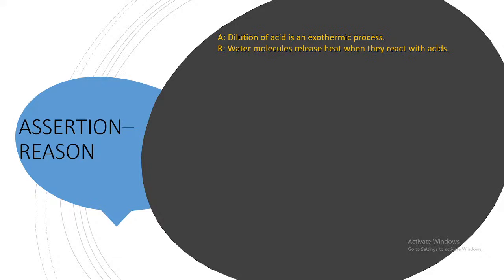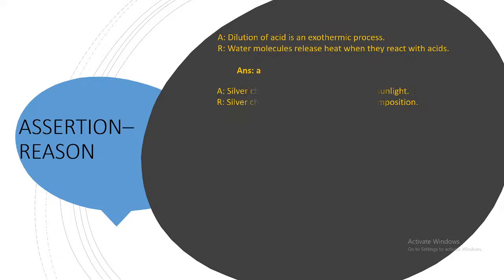Is it A, B, C or D? When you dilute acid, it is an exothermic process, and the reason given is water molecules release heat when they react with acid. Yes, good. So the correct option is A, that is both are correct, and R is the correct explanation of A.